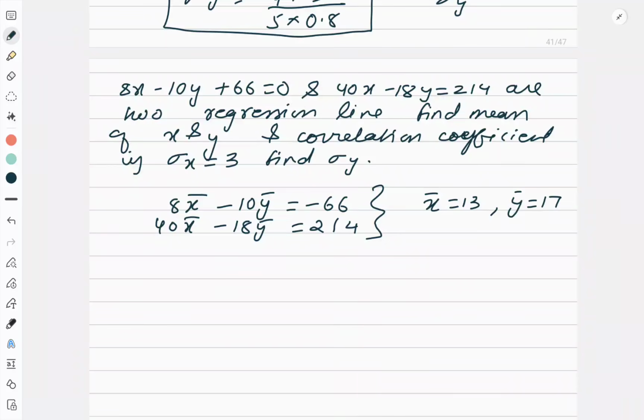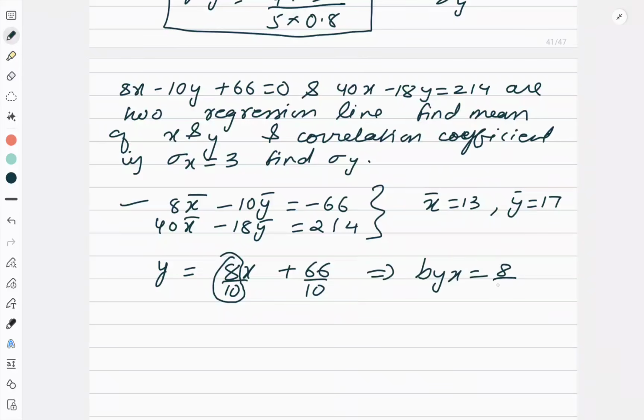Now let me write this down again as y and x. So y is equal to, from the first equation if I write, y is equal to 8x plus 66 upon 10. Correct? Now what is the coefficient of x? 8 by 10. So I can say that byx is equal to 8 by 10. Same way from the second equation, let me write it as x is equal to. So x is equal to 18y plus 214 upon 40.